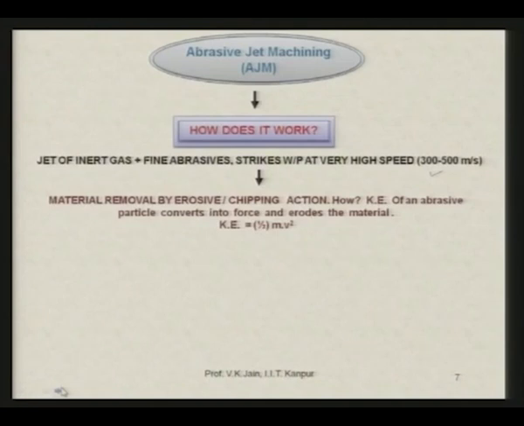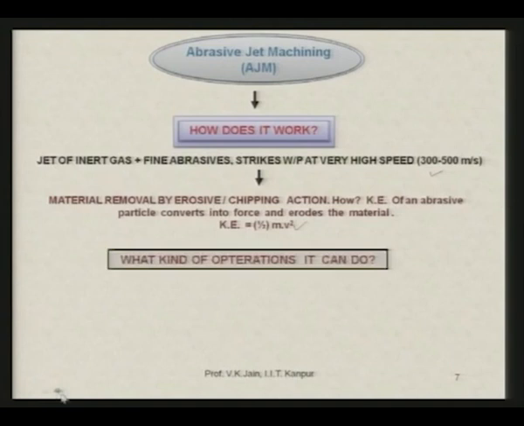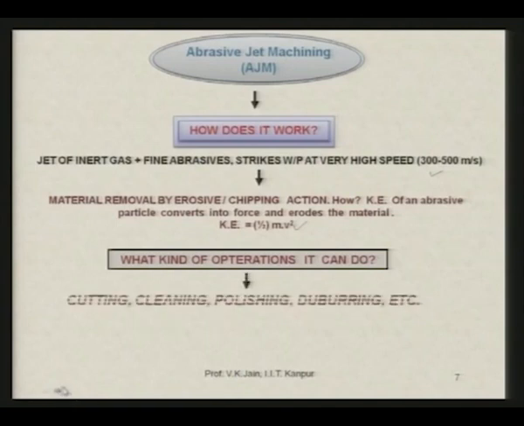Kinetic energy of an abrasive particle converts into the force and erodes the material, and the kinetic energy of the abrasive particle is given by half mv square, where m is the mass of individual particle and v is the velocity with which it is hitting the workpiece surface. Now, the question arises, what kind of operations can the abrasive jet machining process perform?